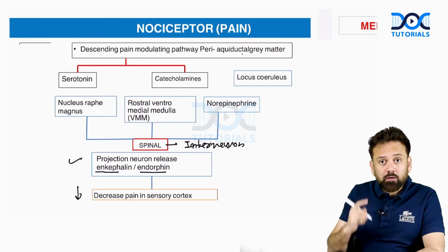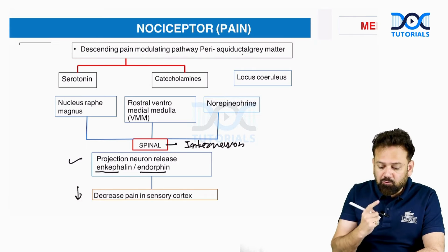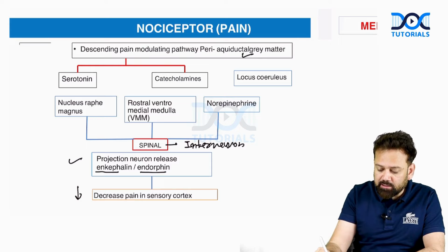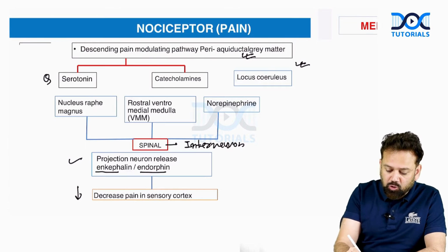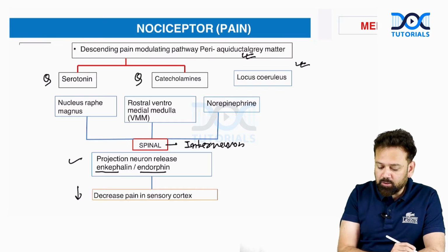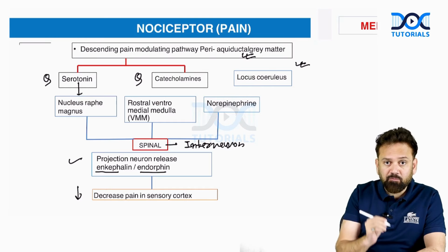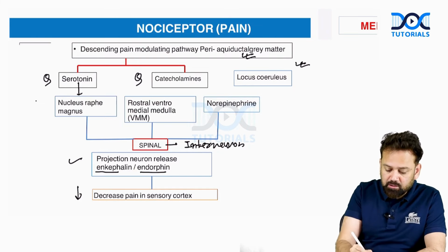Okay. Now, in the brain, there are two friends. One is called periaqueductal gray matter. The other is locus ceruleus. Periaqueductal gray matter releases serotonin and catecholamine. Serotonin is released from the nucleus raphe magnus, a very important star question.